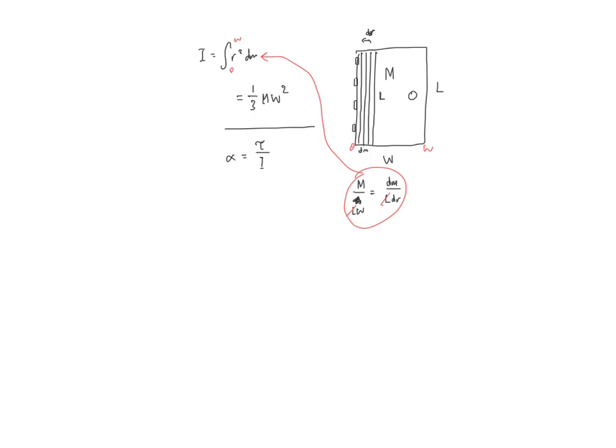The inertia formula we have, that was just that one from up here, so that's all you've got to plug in for I. And for the torque, he is applying a force F at a distance of 2/3 W, and it says it's perpendicular, so that would be sine of 90 degrees, which is 1, so we don't have to put that on there, and we divide that by what's down here, and then we just cancel some stuff out, and you should get the final answer of 2F over MW.